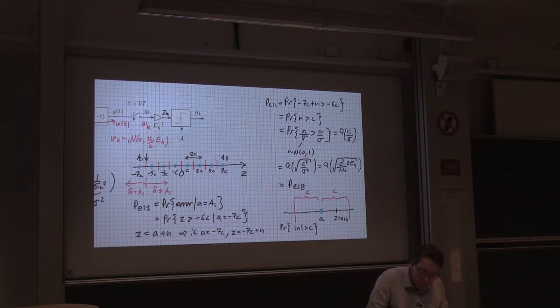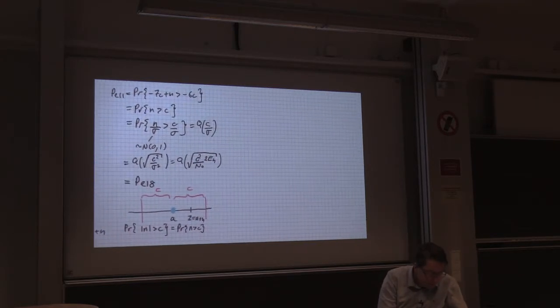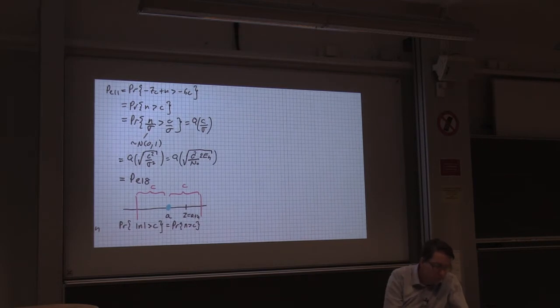And we can write this as the probability that n is greater than c plus the probability that n is less than negative c. And we continue up here and see that these are symmetric. So it's 2 times the probability that n is greater than c.